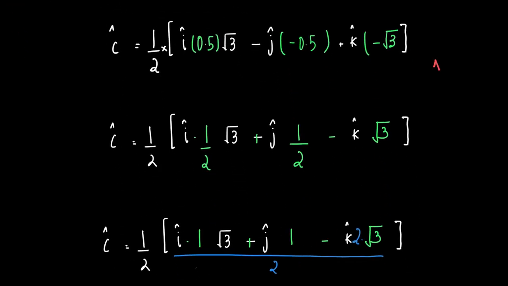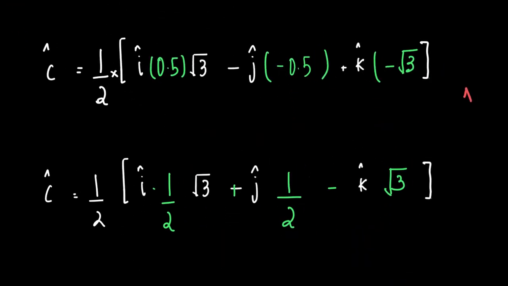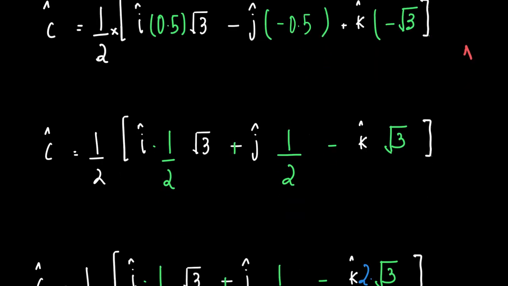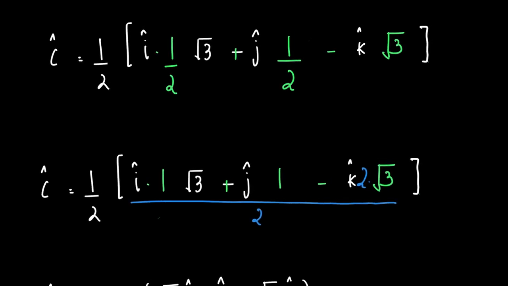This further can be written as 0.5 can be written as 1 by 2. Minus into minus is plus. 0.5 can be written as 1 by 2. K into minus root 3 as minus k root 3. After this, C cap is equal to half into... can I make this denominator as 2?